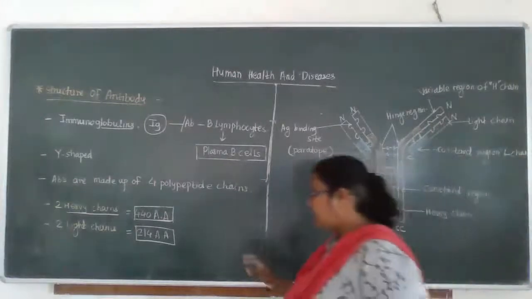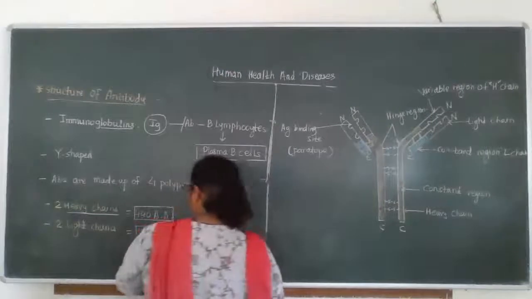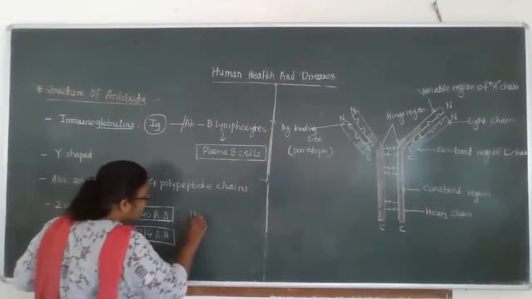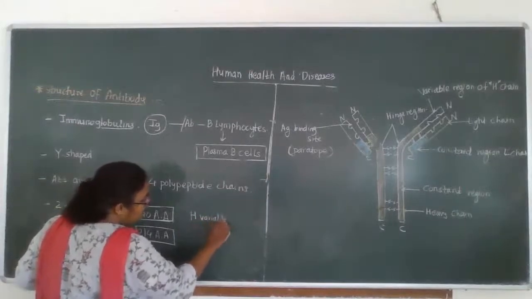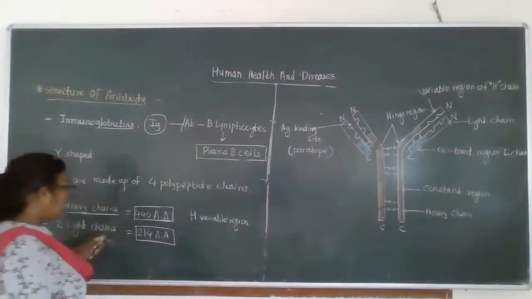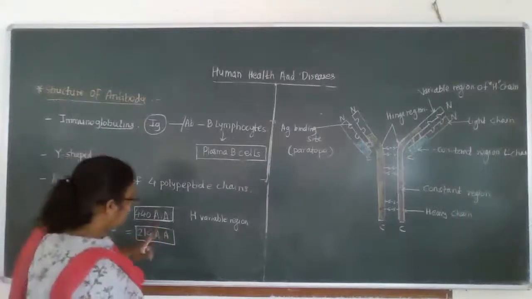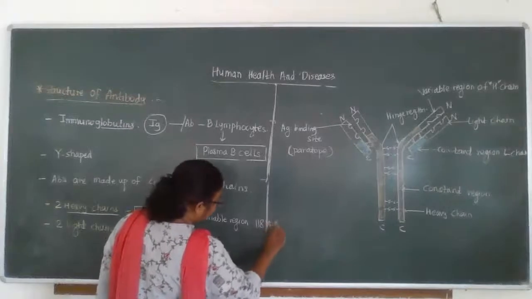One more point I will explain. The heavy chain has 440 amino acids. The heavy chain has a variable region, which is made up of about 118 amino acids.